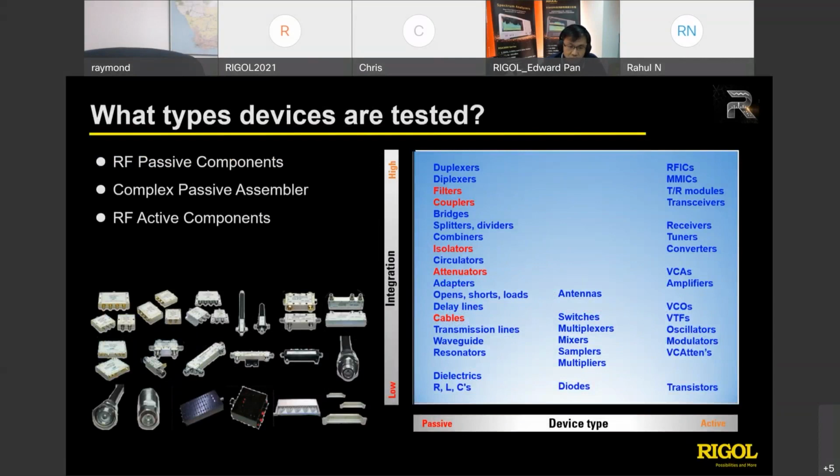It includes the resistor, attenuator, cable, connector, coupler, multiplexer, isolator, etc. Above the middle range is the complex passive assembly, assembled from basic passive components, like antennas, switches, mixers, or multipliers, etc. The other part is the RF active components, like the amplifier, transceiver, or tuner.